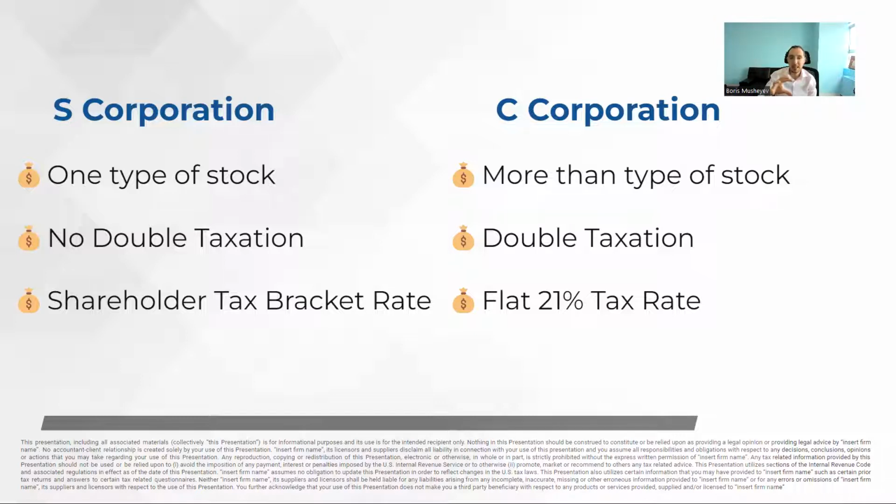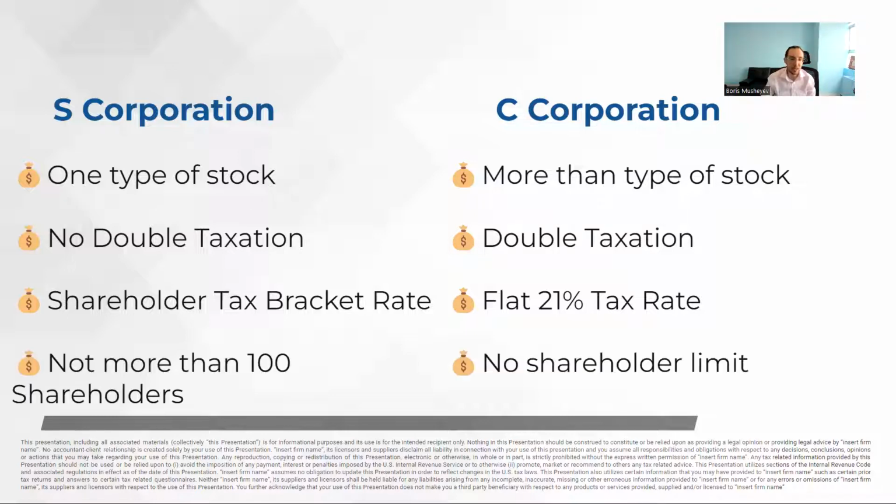As a small business owner, you pay a 21% flat tax rate. Now, S corporation also cannot have more than 100 shareholders, no more than 100 owners. Whereas a C corporation can have more than 100. That's why a lot of companies on a stock exchange, or public companies, I should say, are C corporations, because they have way more than 100 shareholders. So that's really one of the key differences between S corporation and C corporation.